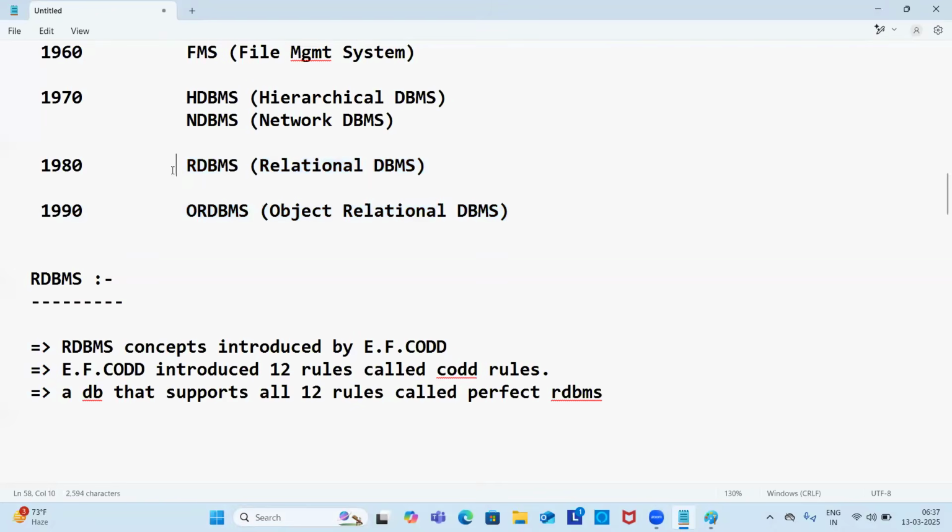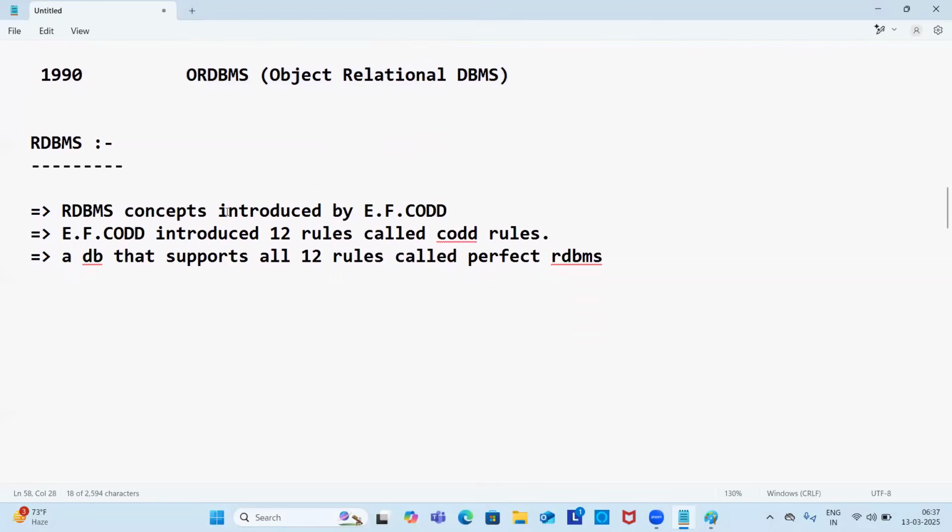RDBMS concepts were introduced by E.F. Codd. He introduced 12 rules, and any database that supports the 12 rules is called a perfect RDBMS. One rule is the information rule.